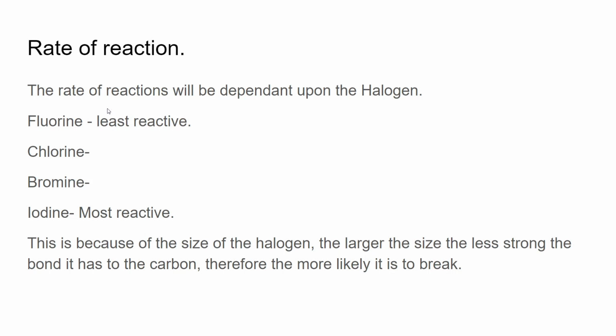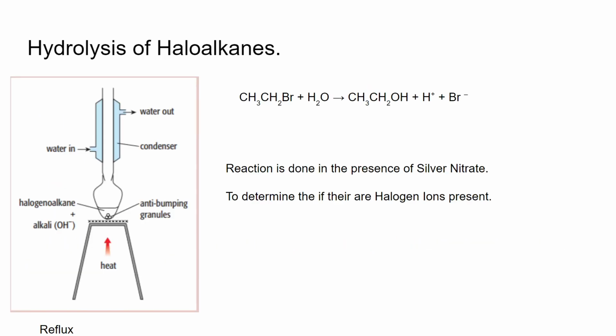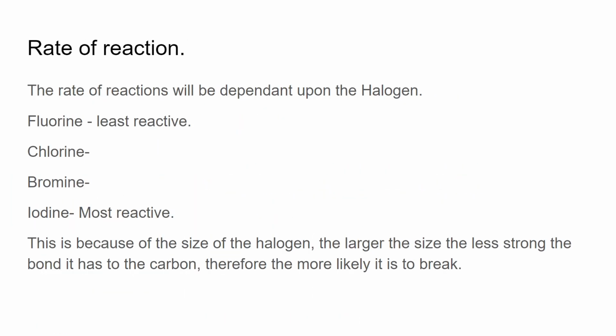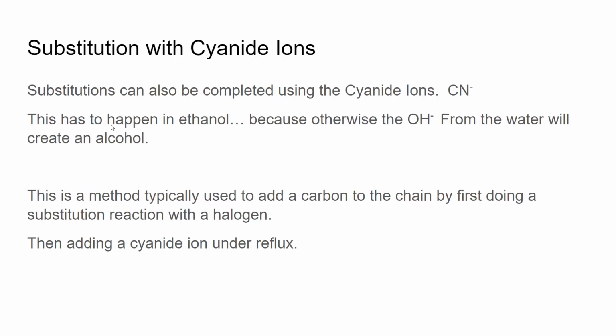Next, we're going to go ahead and briefly talk about the rate of reaction, and we're talking about both hydrolysis and substitution reactions. The rate of reaction is going to be based on the actual halogen itself.